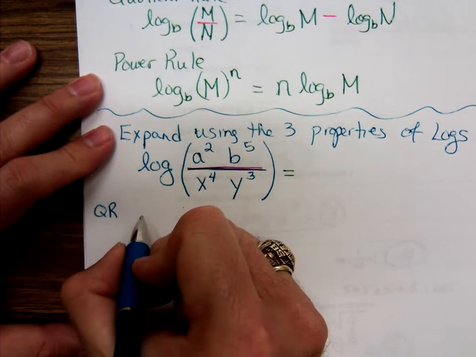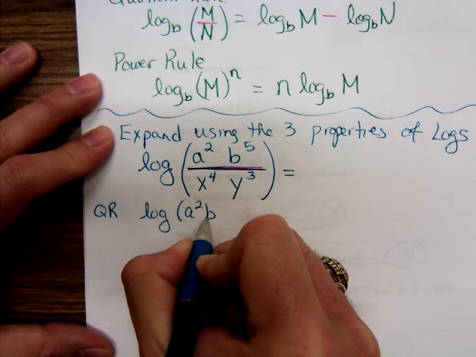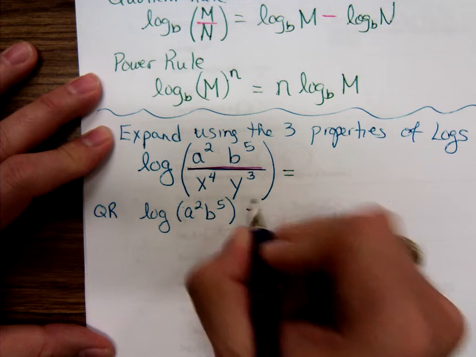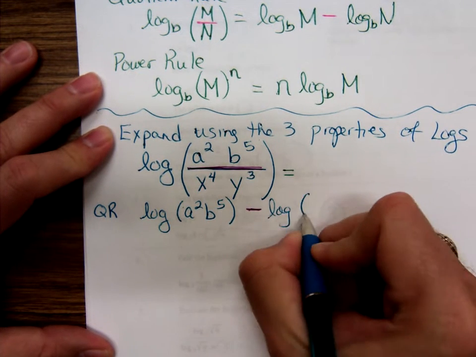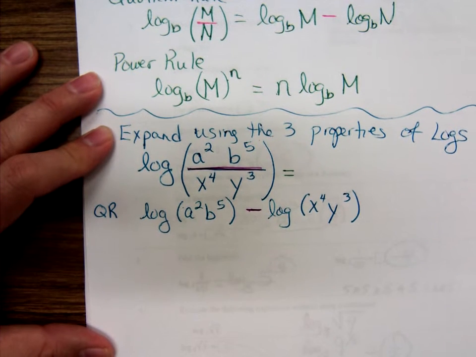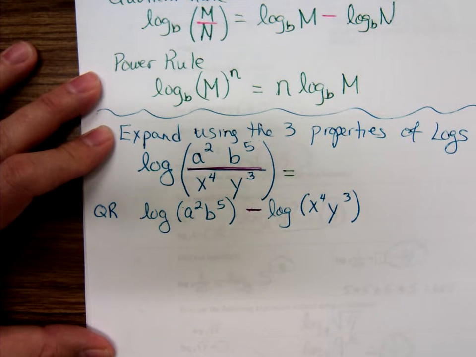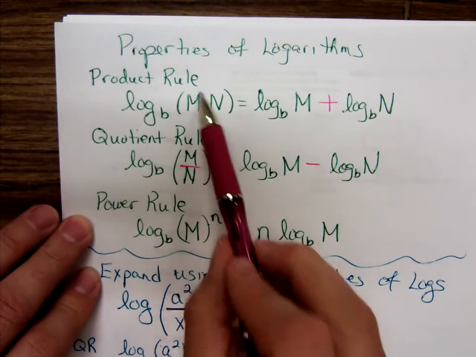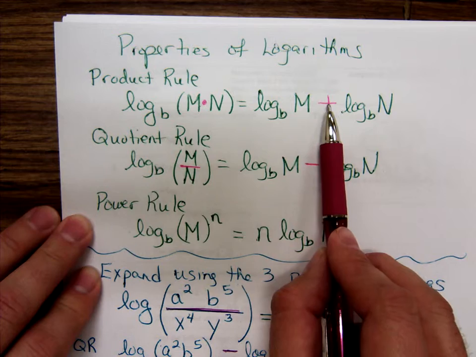Quotient rule says we can write it as log of the top minus log of the bottom. Next, we're going to use the product rule. The product rule says wherever there's multiplication, we can write it as the sum of two logarithms.